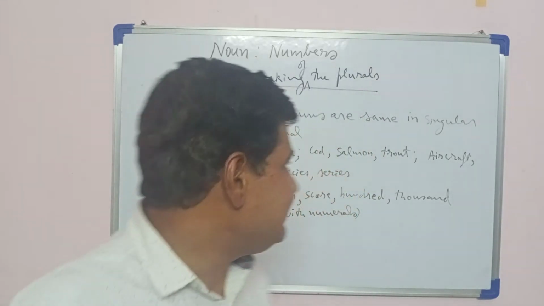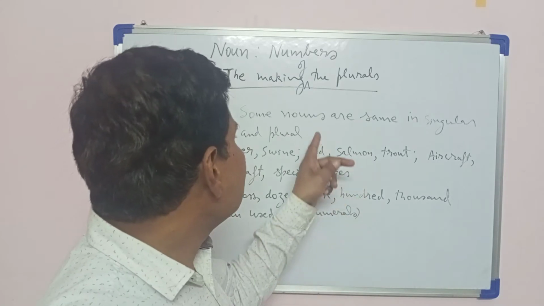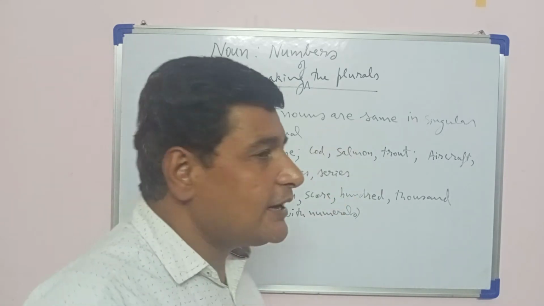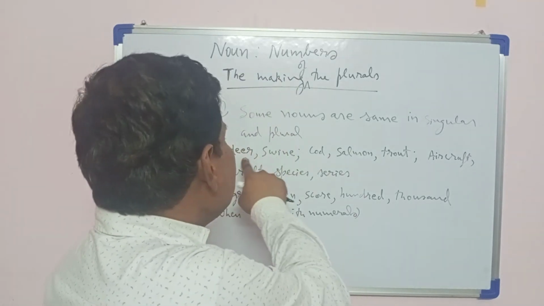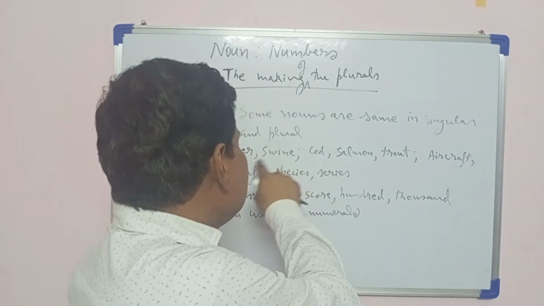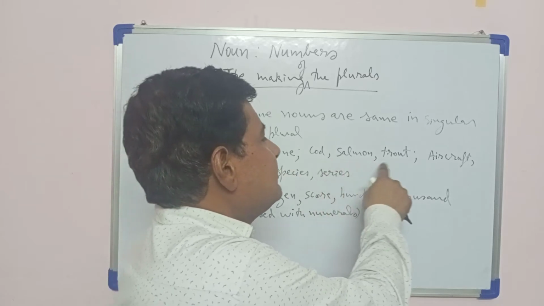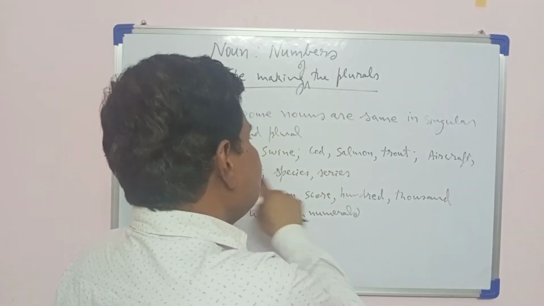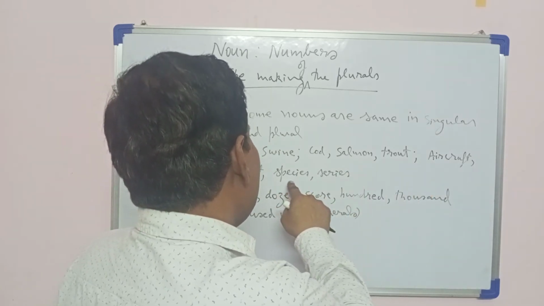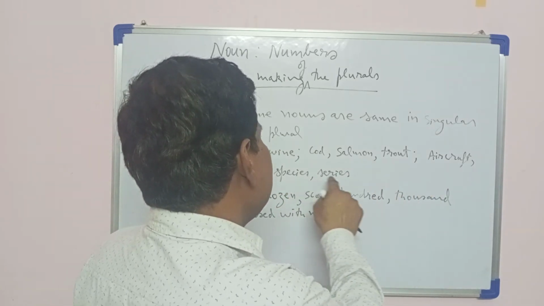So we can understand here that these nouns are the same in singular and plural. What are these nouns? Sheep, deer, swine. These are the names of animals. Cod, salmon, trout, names of fish. Aircraft, spacecraft, names of carriers. And species and series.